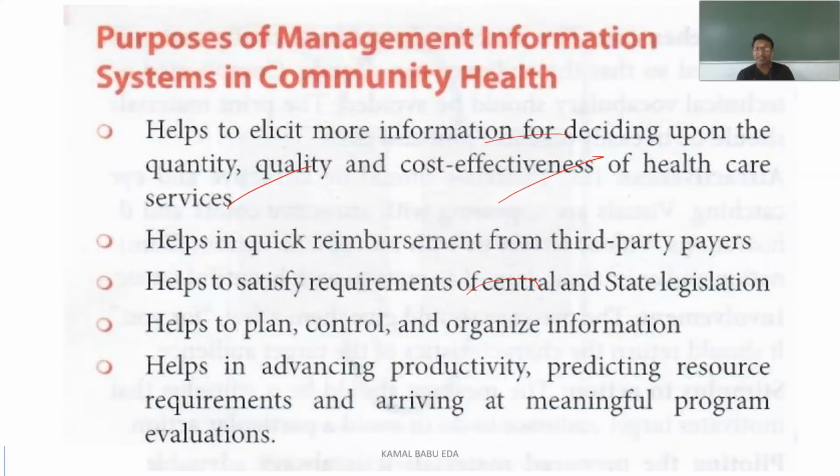Based on the information they get, they can make decisions, such as that an area is affected with a particular disease and has to be taken into consideration, and what measures can be taken to prevent it. Whenever they want to implement any kind of program, the central and state legislation get the information from this information system in community health nursing.